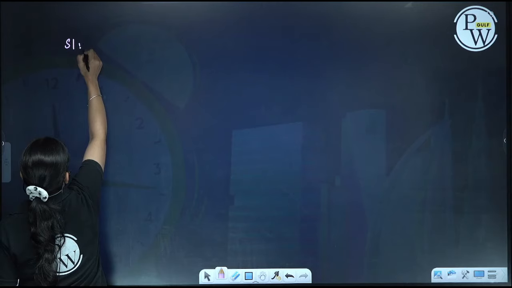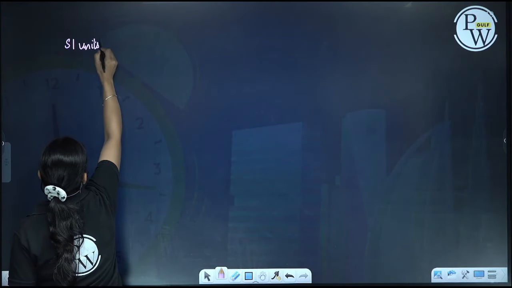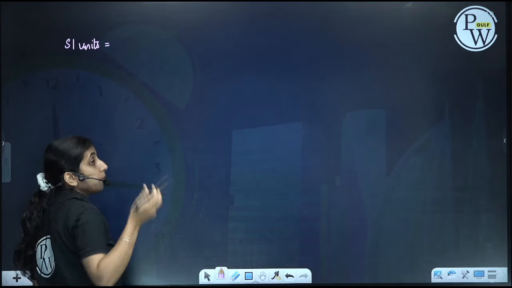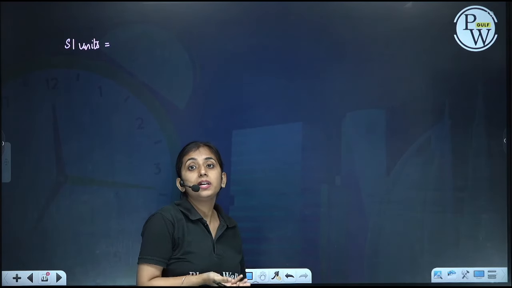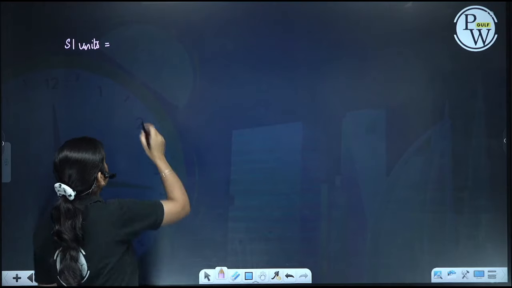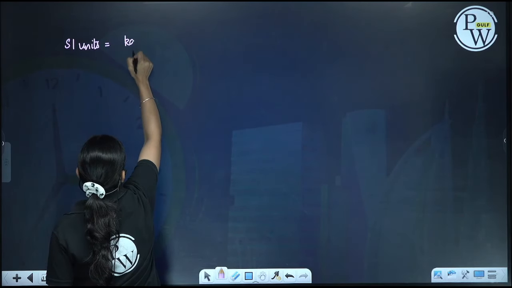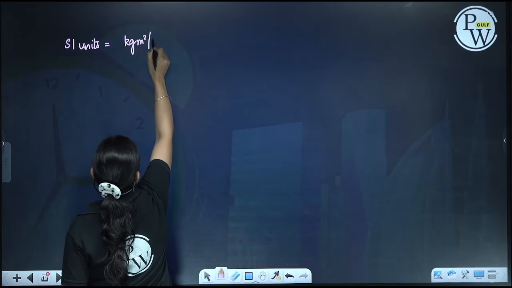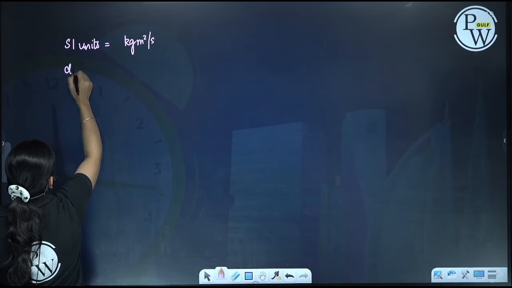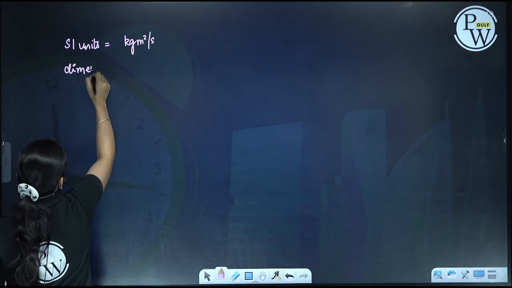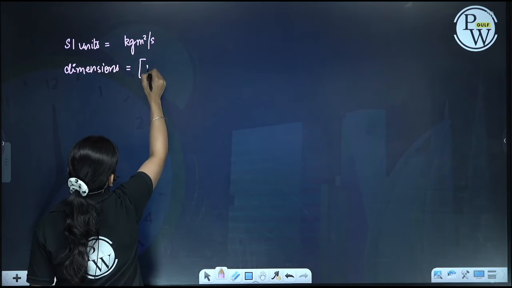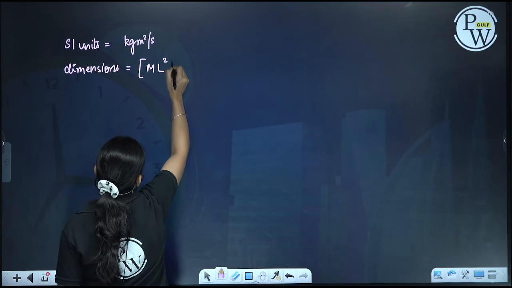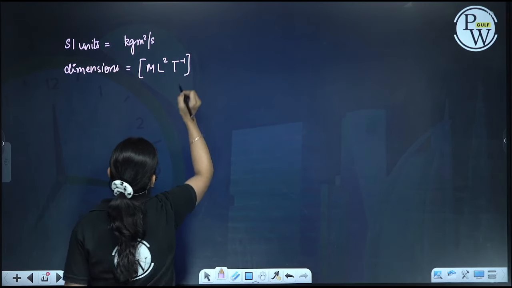Similarly, write its SI units. So SI units will be, angular momentum is r into p. R is meter, p is kg meter per second. So it will be kg meter square per second. Dimensions, it will have the dimensions M L^2 T^-1.